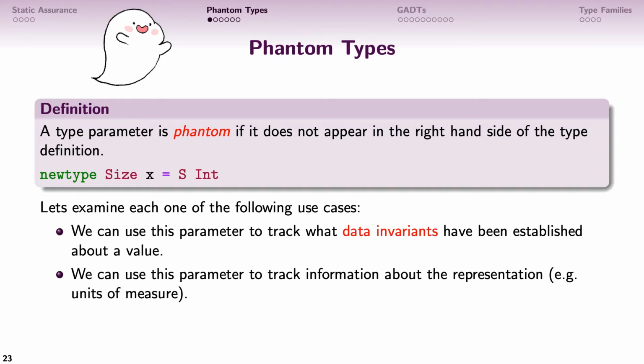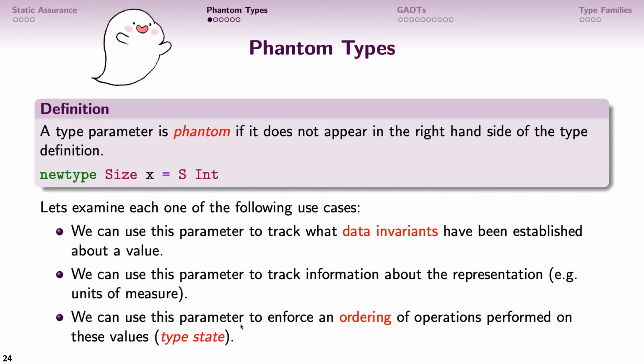We could attach units of measure to our number, for example. Or we could enforce that certain things have to happen to this data before certain other things. We could enforce an ordering of the operations performed on a value. So these 3 use cases are the main use cases for phantom types, and I'll go through an example that demonstrates these 3 right now.